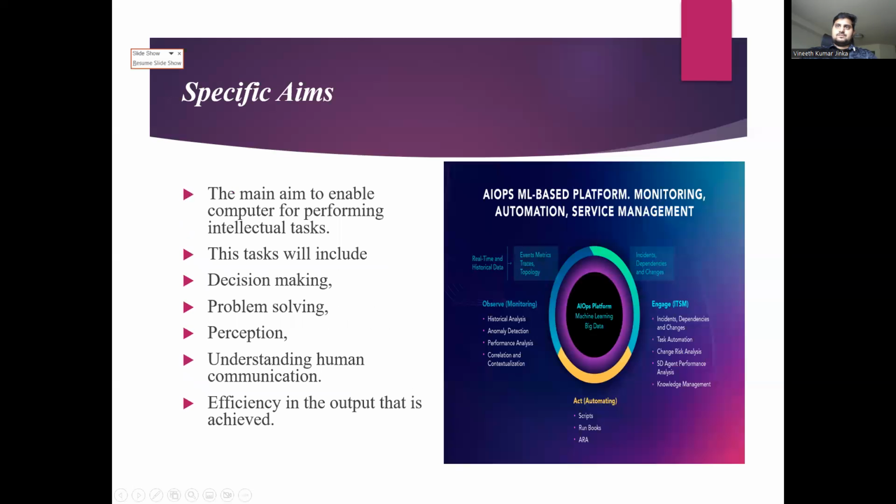Next slide is our specific aims. Here we can see artificial intelligence operations and machine learning based platform monitoring and automation services management. The main aim is to enable the computer to perform intellectual tasks. These tasks include decision making, problem solving, presentation, and understanding human communication, so that efficiency in output is achieved.